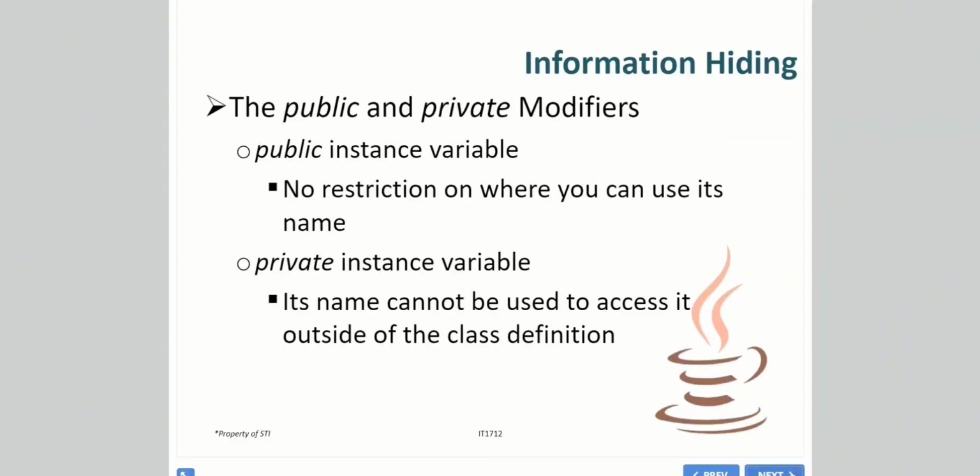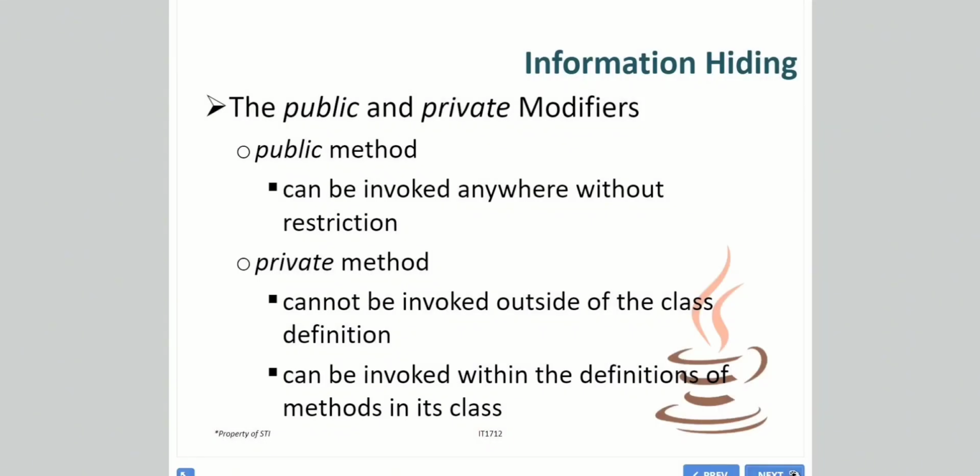Next, let's talk about public and private modifiers in methods. So we can also declare a method as a public method, which can be invoked anywhere without any restriction, so you can access it and use it anywhere in any class, in any method. Okay.